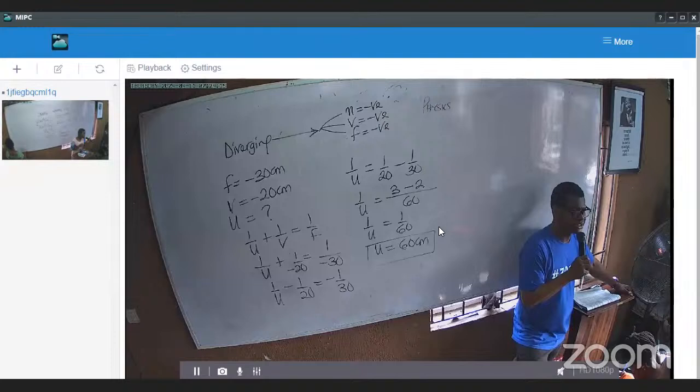So refractive index is real depth over apparent depth. What's the refractive index they gave us? 1.5. What's the real depth? Apparent depth x, 1.5x is 9. If you pick 6 as answer, I hope you know you are wrong.